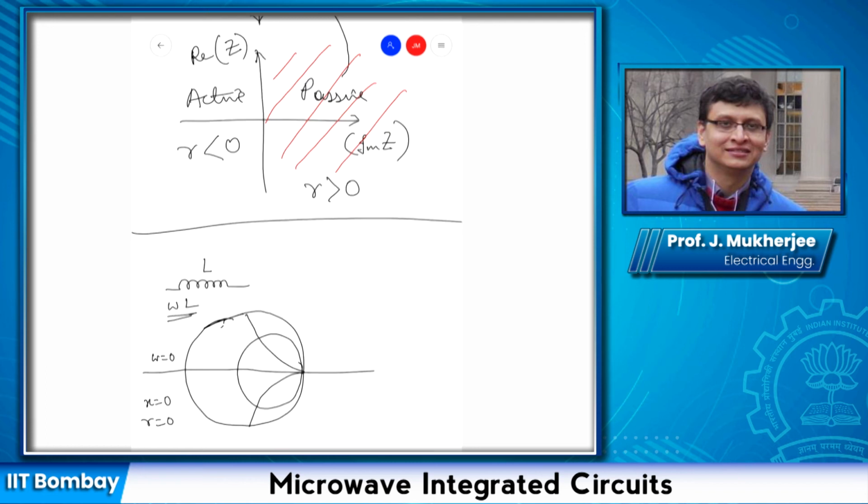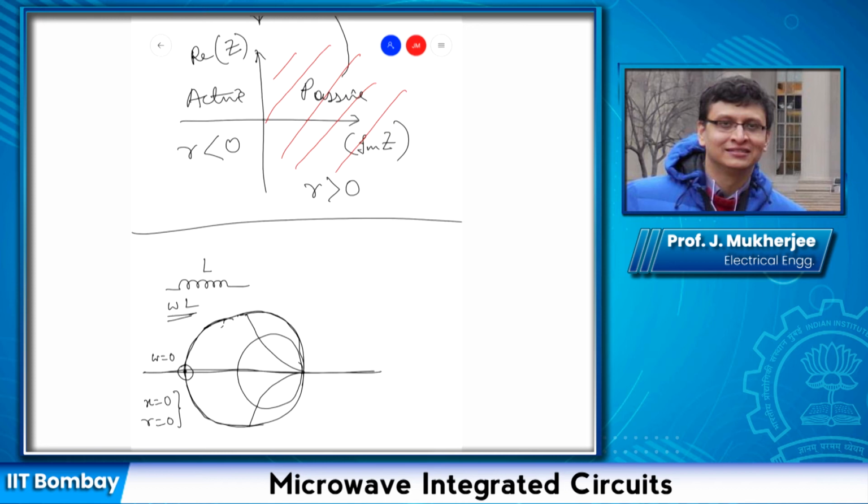So this is our R equal to 0 circle, right? And as I said before, the x-axis forms the x equal to 0 constant reactance circle. So then this point should correspond to these values. Okay, so when omega equals 0, this is the value.